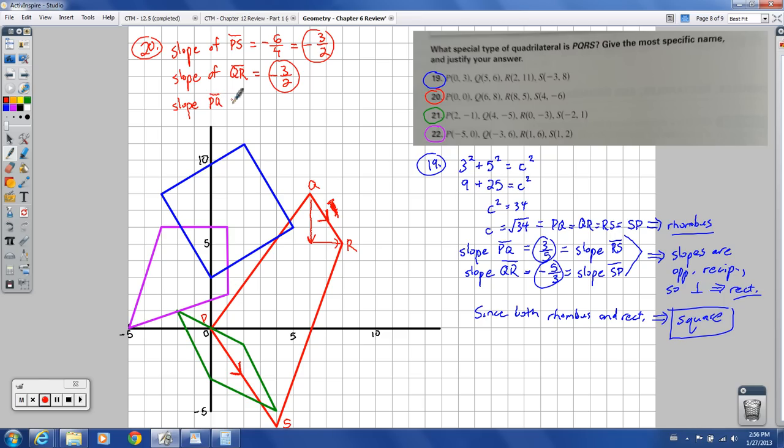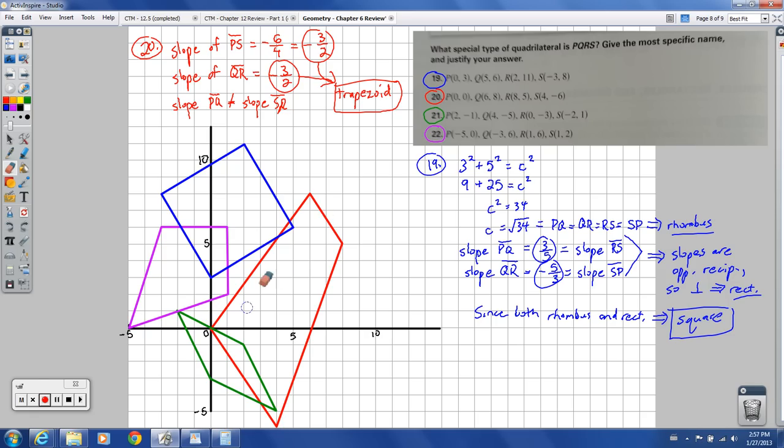This one I'll just say slope PQ does not equal the slope of SR. And so this being true, this implies that you have a trapezoid. So that's the property of trapezoids that we need to remember, that you have one pair of parallel sides.